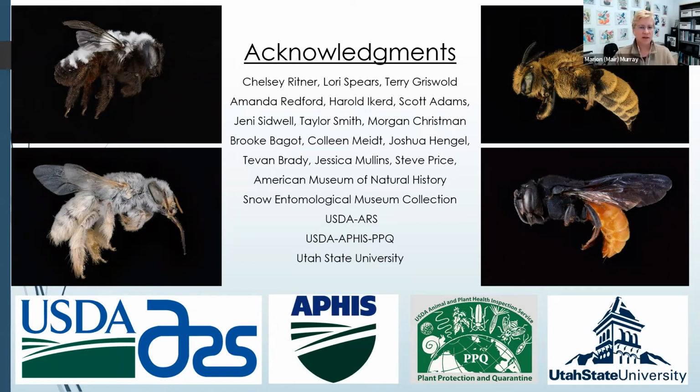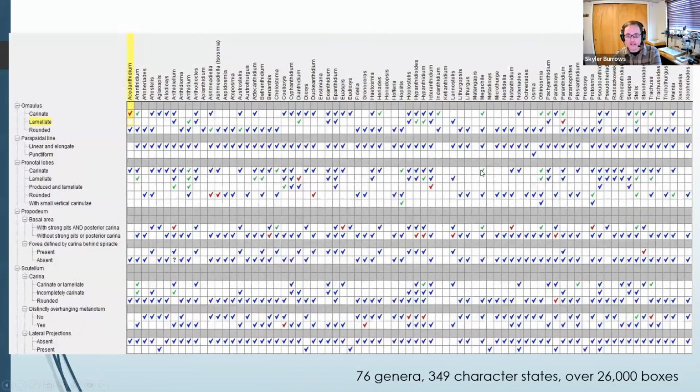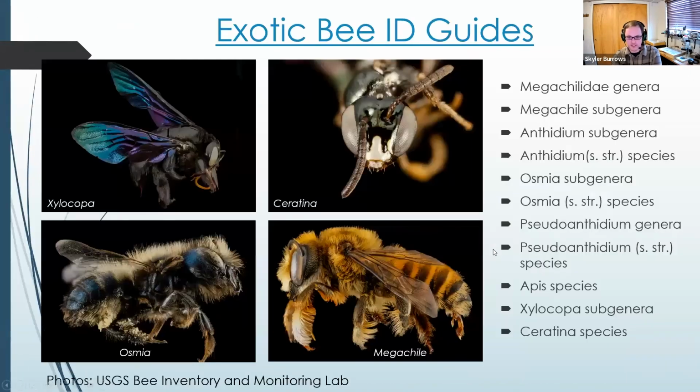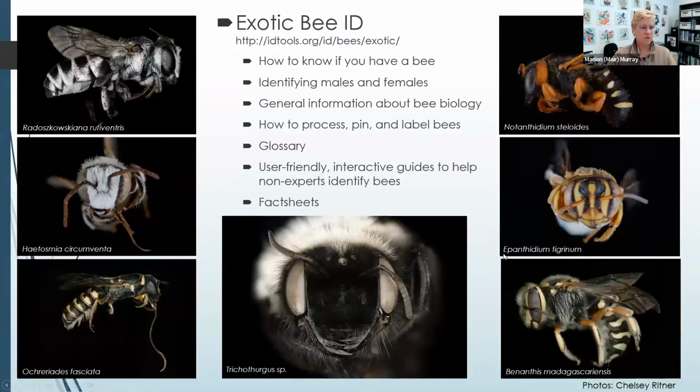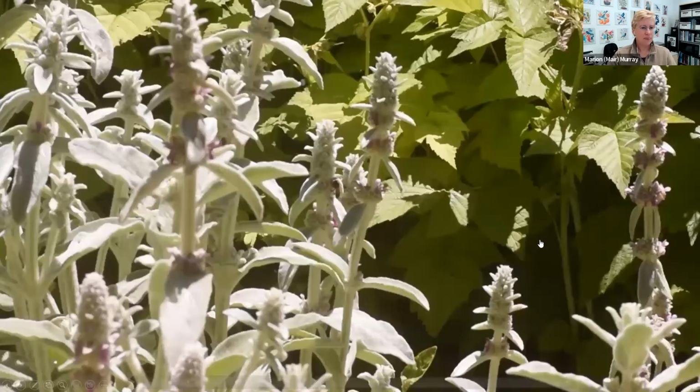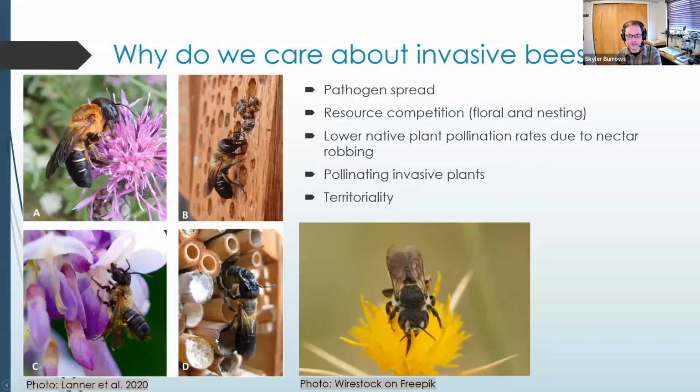Maybe you could go back to that picture. Yeah, let's do that. So that one is a great example of one that is definitely invasive. Let's see, this Anthidium manicatum that I talked about, I would call that invasive as well. It's spread across the entire country now, and we've seen it do a lot of territorial behaviors and fight out native bees.